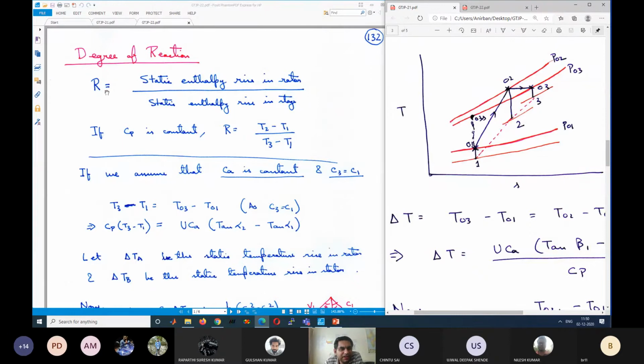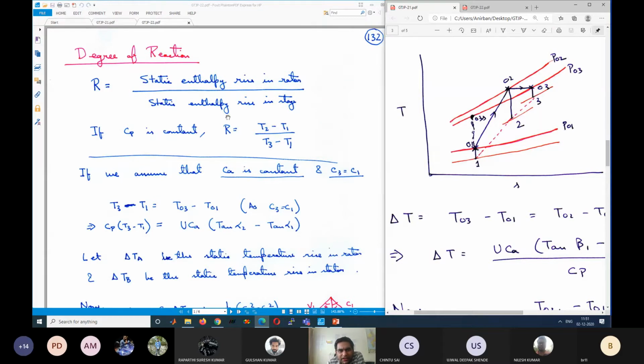Formally, we define R as the static enthalpy rise in the rotor, H2 minus H1, divided by the static enthalpy rise in the entire stage, rotor plus stator, H3 minus H1. If Cp is constant, we can write H2 minus H1 as Cp times (T2 minus T1) and H3 minus H1 as Cp times (T3 minus T1). So Cp gets cancelled, and R is equal to (T2 minus T1) by (T3 minus T1).